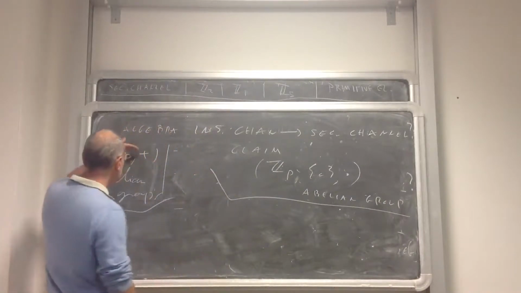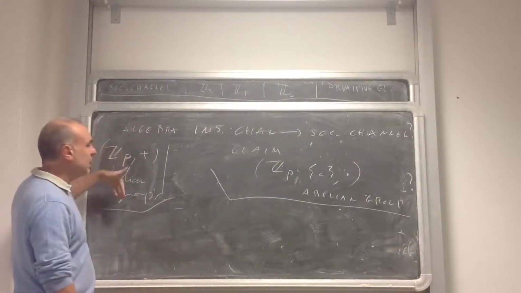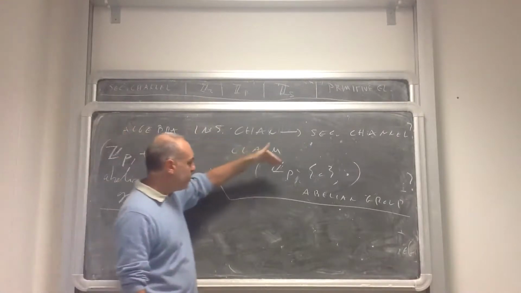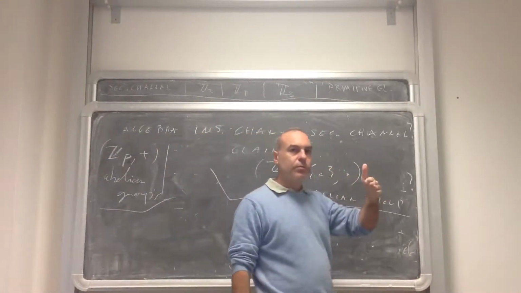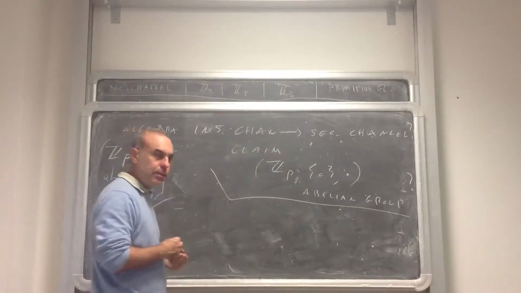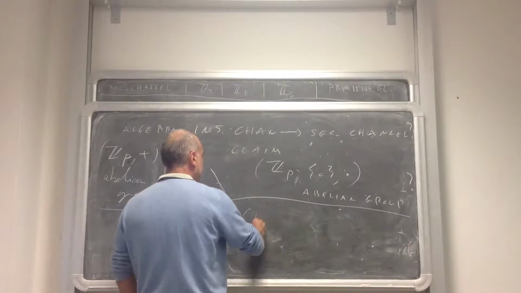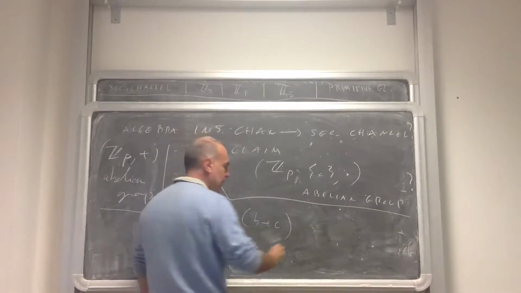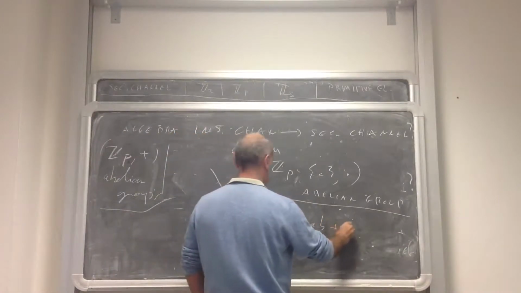So Zp with plus is an abelian group, additive. Zp minus 0 is an abelian group, multiplicative. And then the two operations are linked. We have that A times (B plus C) is equal to AB plus AC.